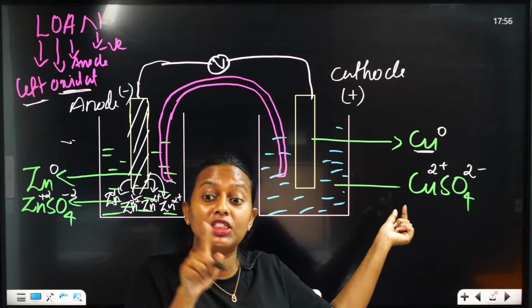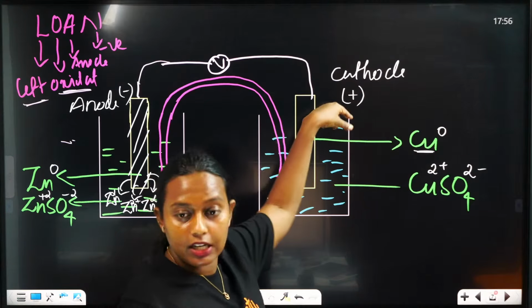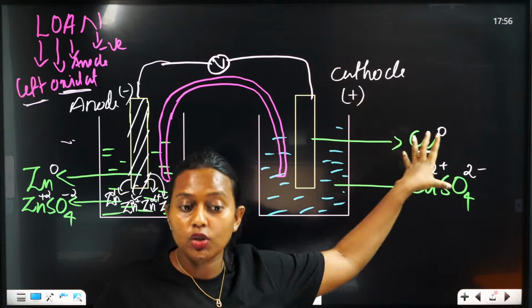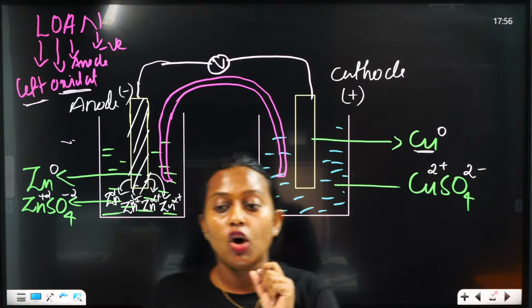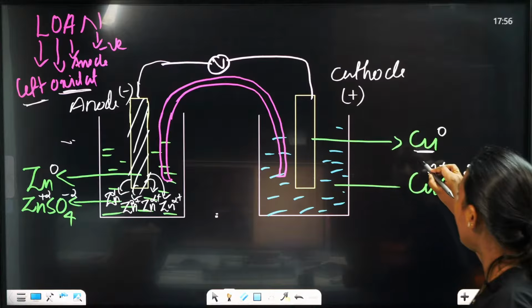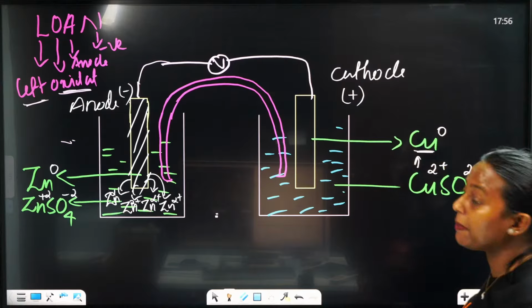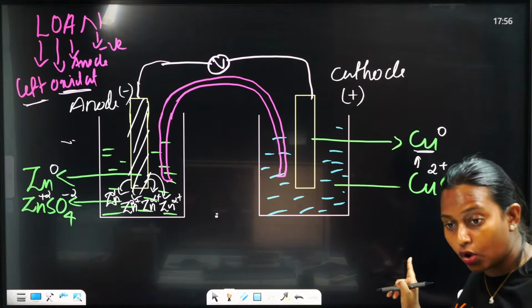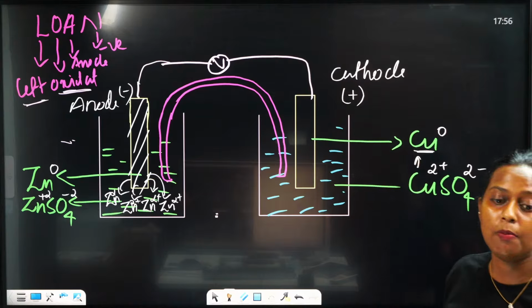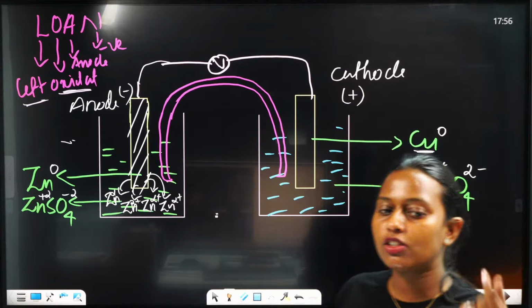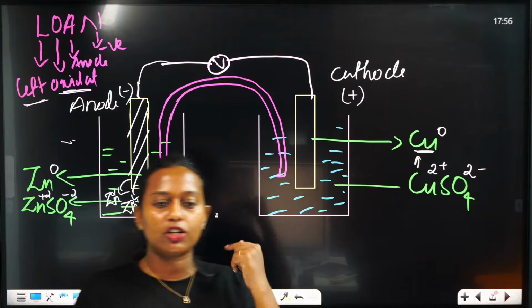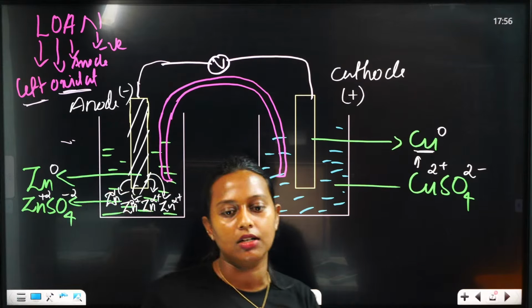Copper will accept that 2 electrons, the 2 electrons that have come here. So copper will accept those 2 electrons and form copper metal. So from the copper solution it changes to copper metal, clear? Yes, I can see, correct. Cu2+ plus 2 electrons gives Cu, correct.